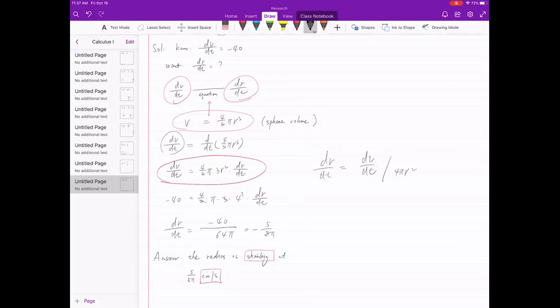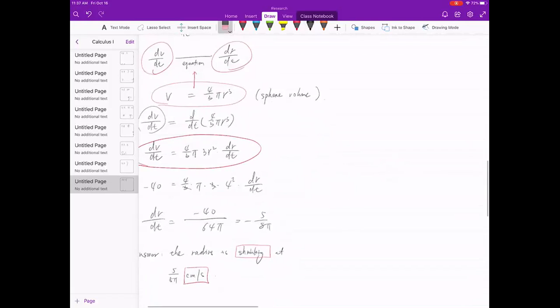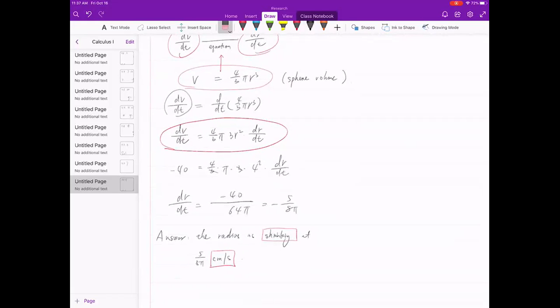But because you're melting at a constant volume rate, you shrink less in radius when the sphere is big. Sounds good? Okay, so that's a very good question, by the way. We know this simply because we know r, and this only works when r equals 4. Once you solve it, if there's no r there, then you know it's a constant rate. For example, if your diameter shrinks at a constant rate, then the radius definitely shrinks at a constant rate, which is half the rate. But for volume, it's not the case.